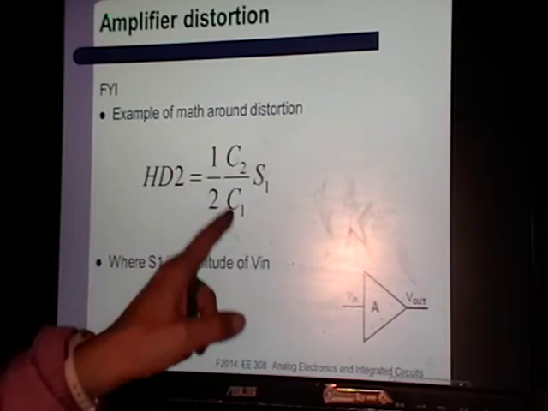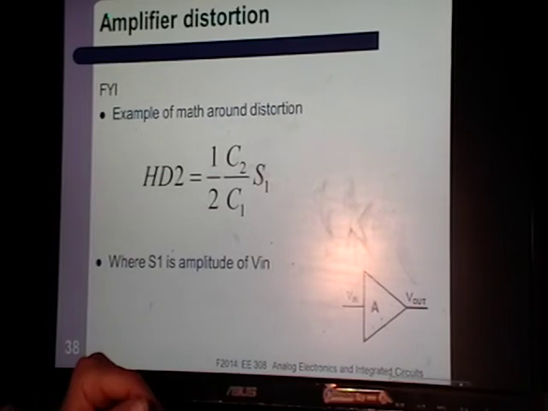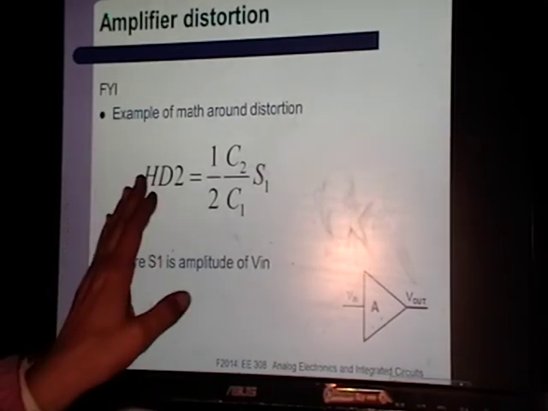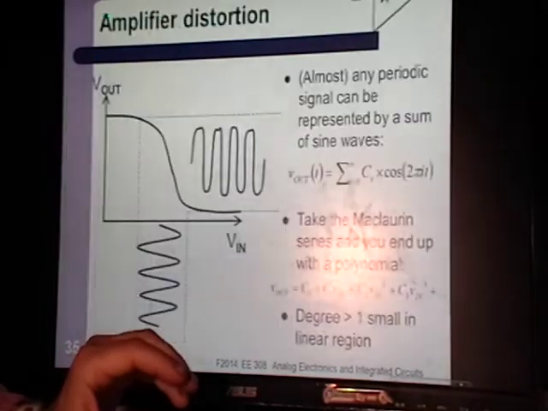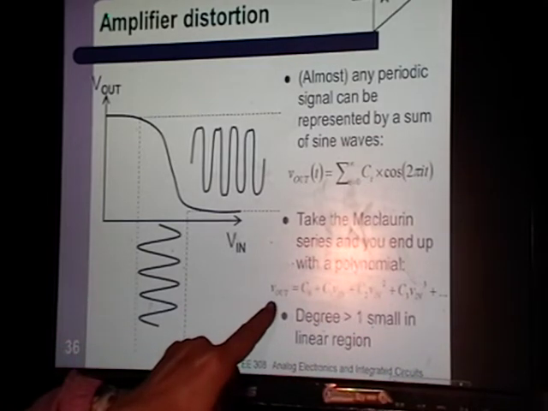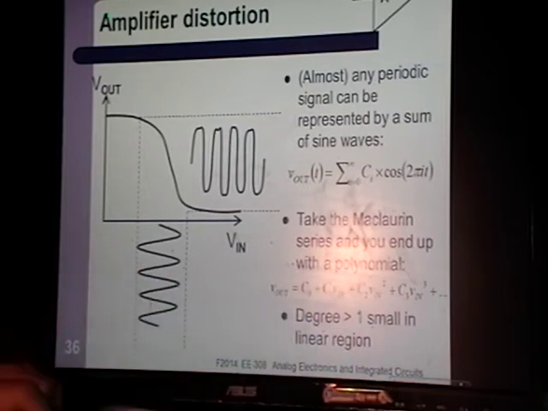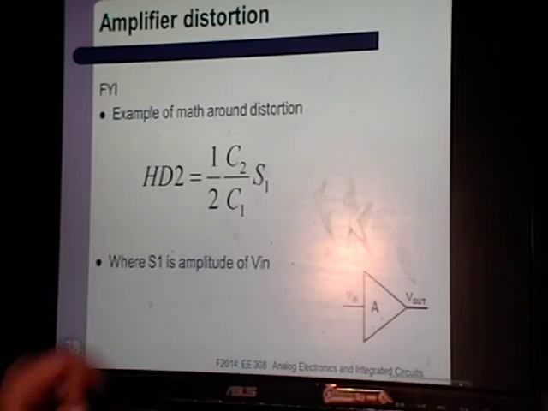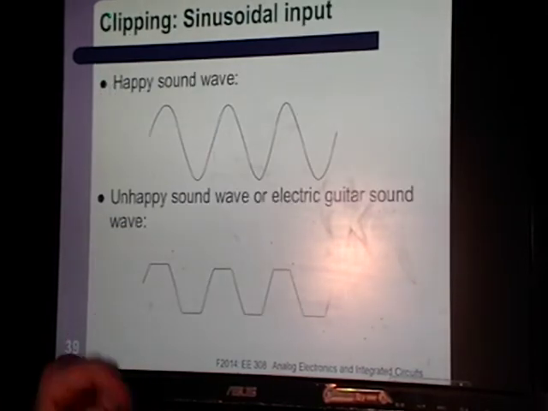It's just a ratio of those times 1/2 times your signal amplitude. So harmonic distortion, all of those other distortions, they come from the ratio of these coefficients in this equation right here.